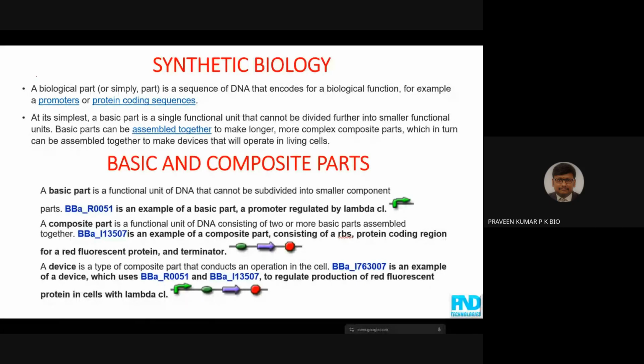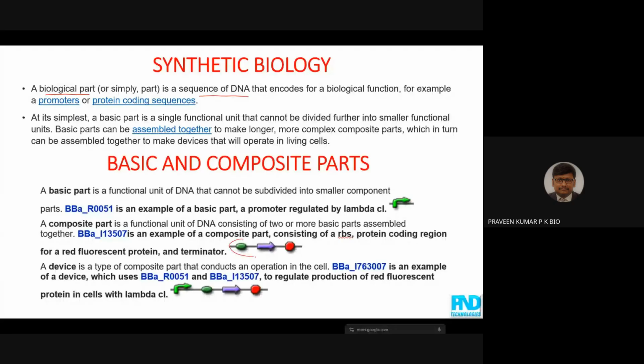In synthetic biology, you have a biological part, which is a sequence of DNA that encodes a biological function, for example promoters or protein coding sequences. Like this we can see, and you can integrate multiple genes.